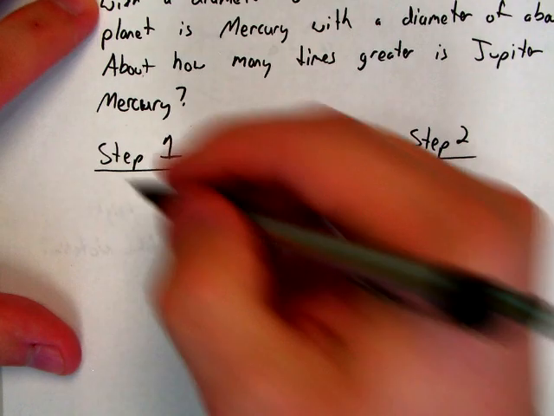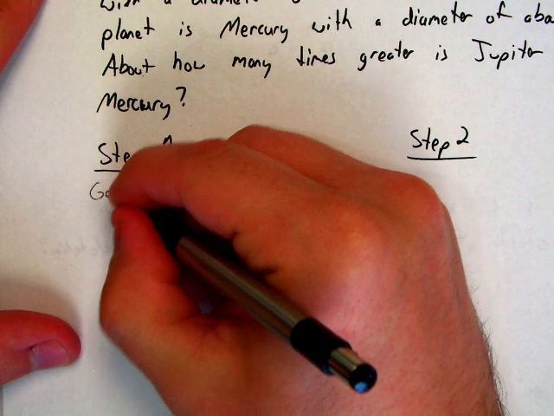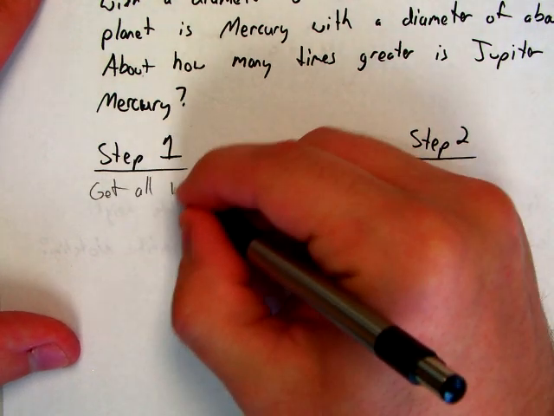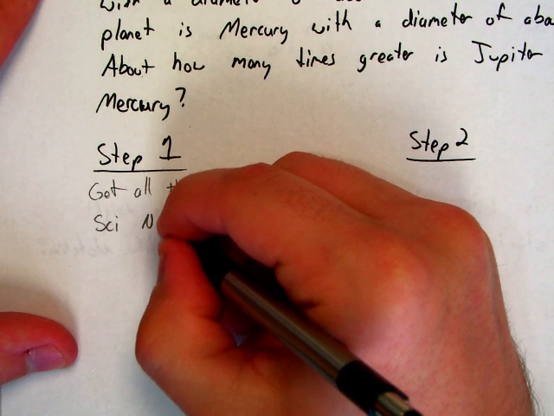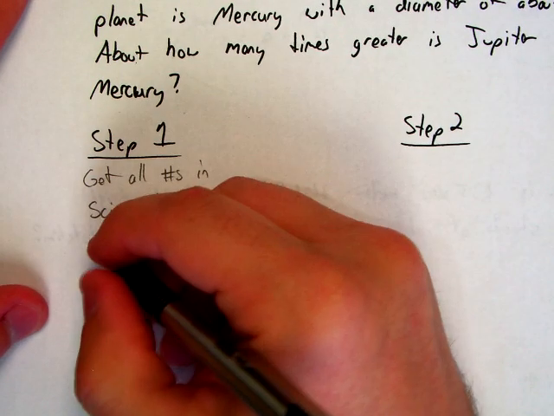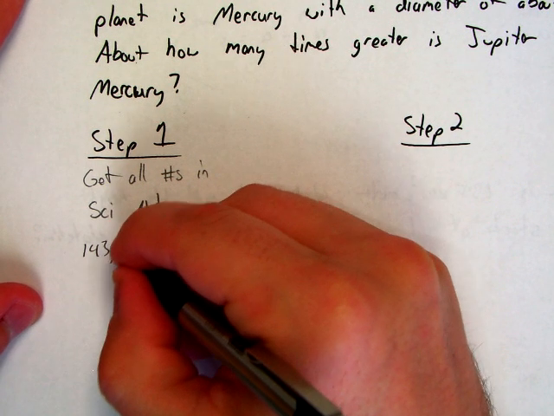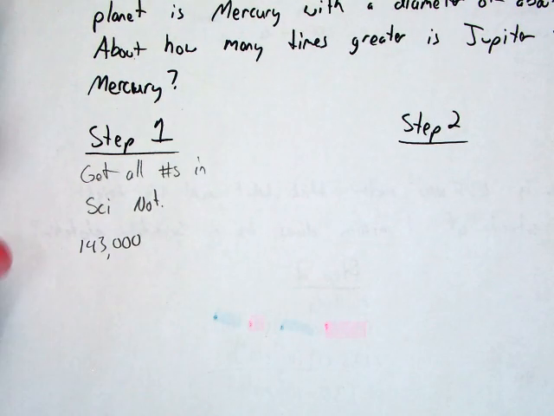So first of all, step 1, get all numbers in scientific notation. So the diameter of Jupiter is 143,000 kilometers. Unfortunately, that is not in scientific notation, so I need to get it there.